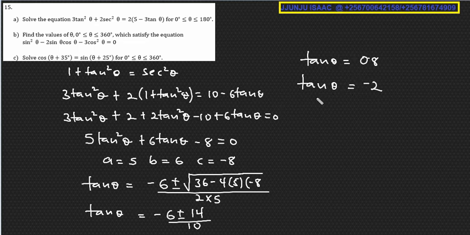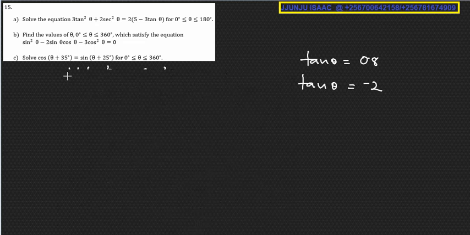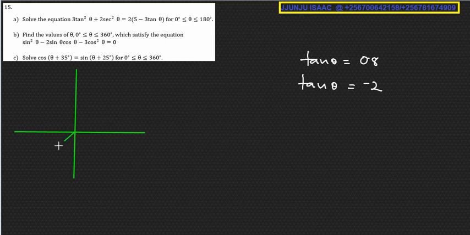So we need to find out the angles in this range. So let us see. Now to find these angles, we know that tan is positive. For this first one, tan is positive in this quadrant here and in the first quadrant.